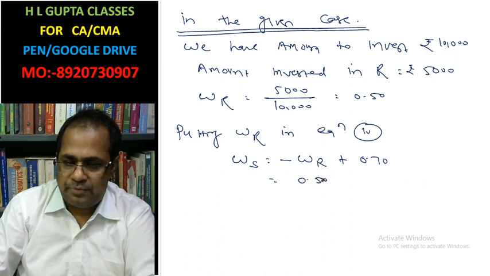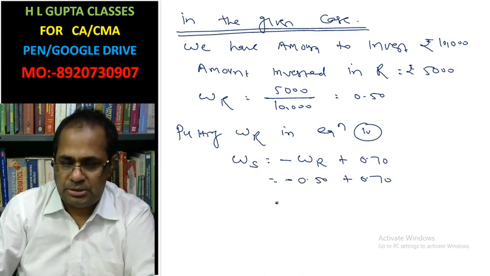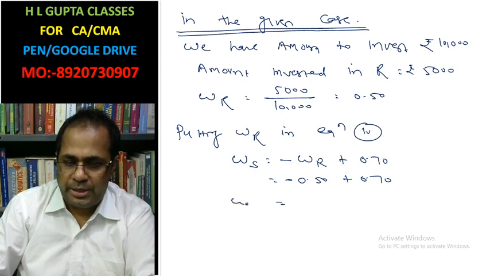This is 0.50 minus 0.70. This is, weight of S equal to 0.20.